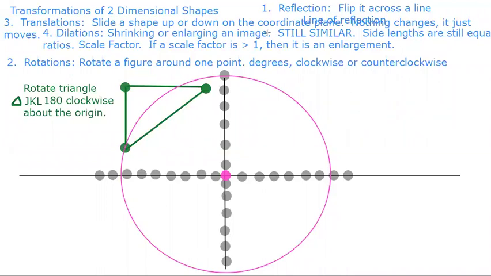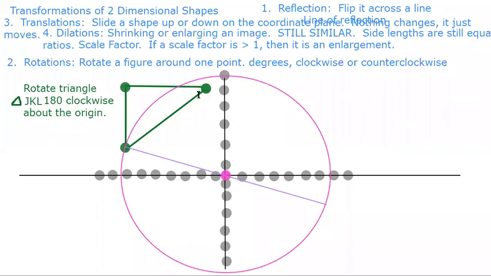Now I need to connect point L with a diameter, containing it to the other side, because how much is that? That is 180 degrees. So if I go all the way around clockwise 180 degrees, that is exactly where my new point is going to be. And I should probably get some labels on this.